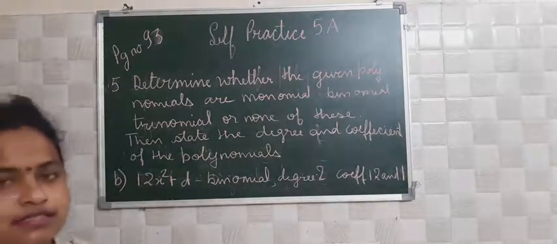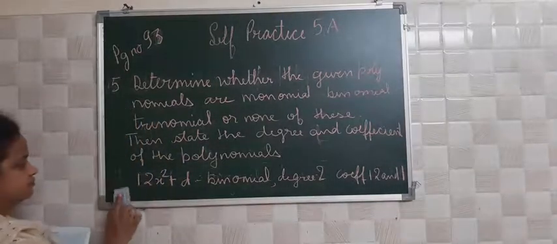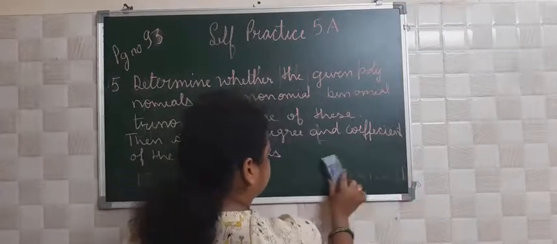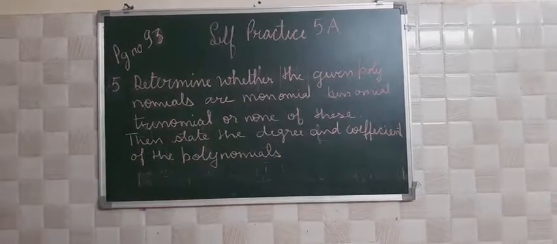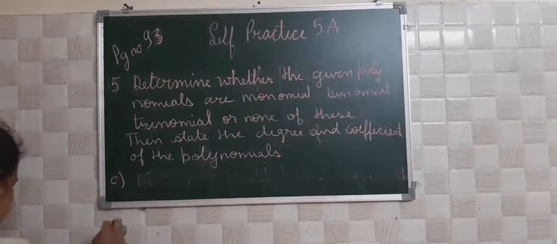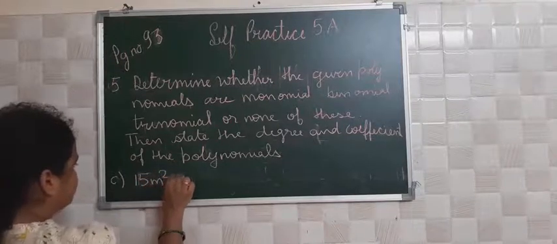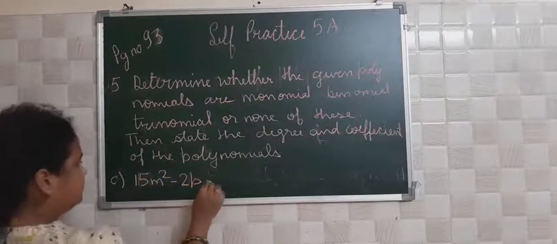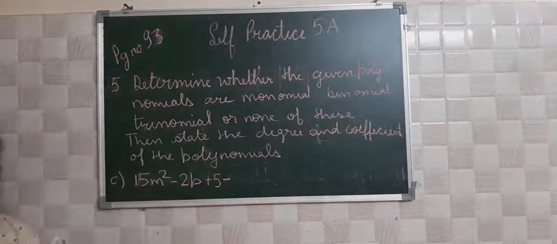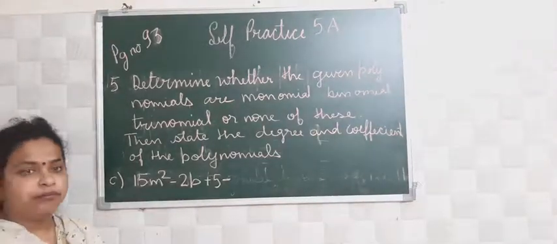Okay? Is it clear to you all? Now see the C part, 15n square minus 2p plus 5. Which type of equation is it? Three terms are there, so in case of three terms you have a trinomial.